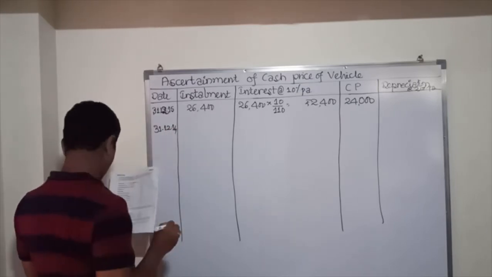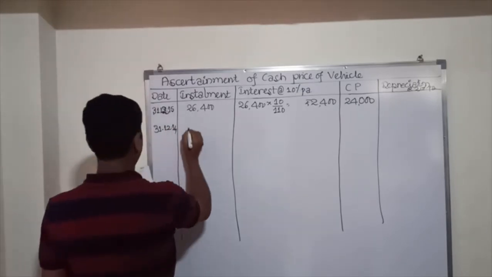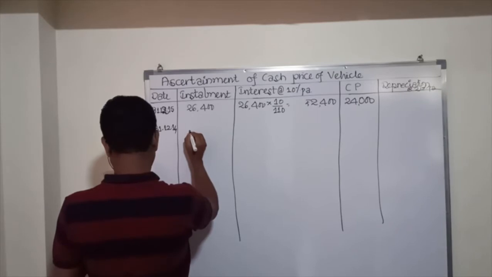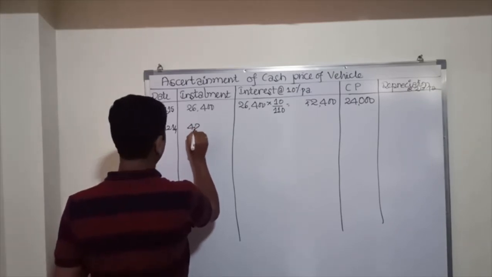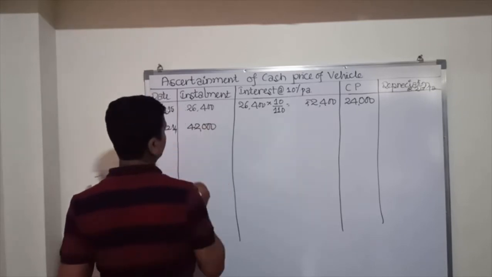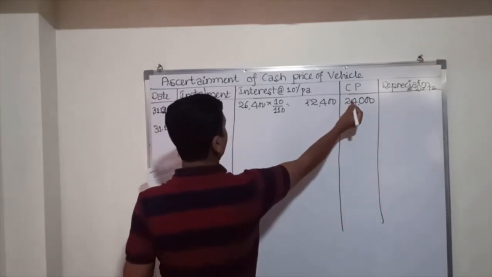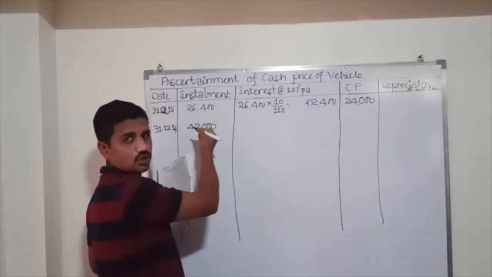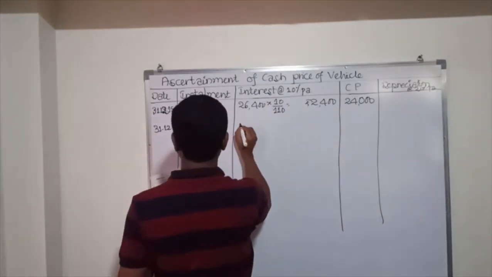Then the second installment is due on 31/12/14, and the installment here is 42,000. As we are applying the backward method, we should add this principal amount to this installment in order to find out the interest for the second year.